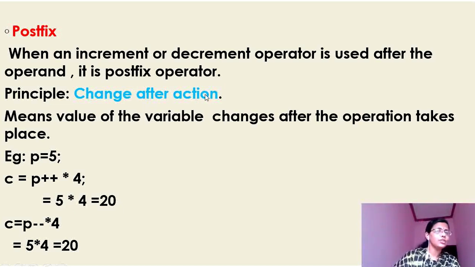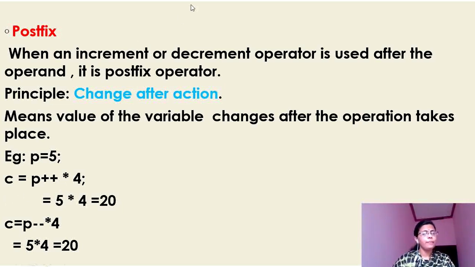So you do the action first, then you will change the value. Now listen. P is equivalent to 5. Okay. Here I am using P plus plus. So the operator is used after the operand. So it is postfix. How will it work? It does the action, then it changes.